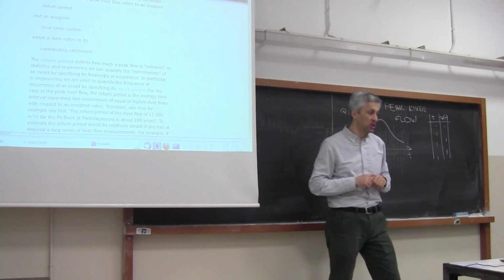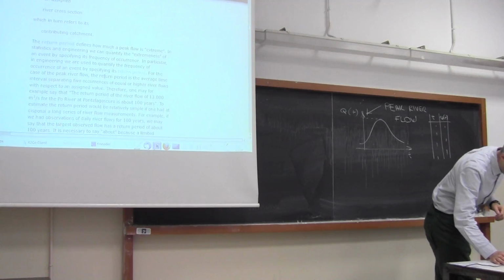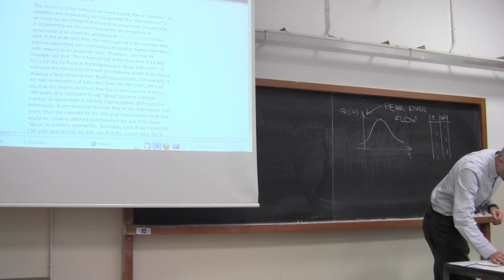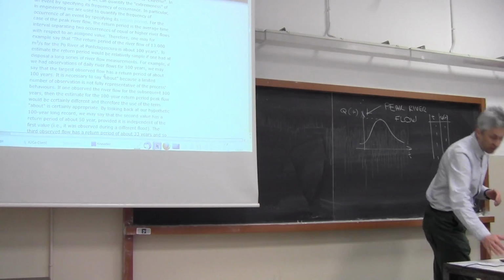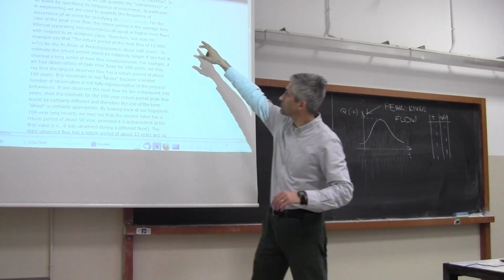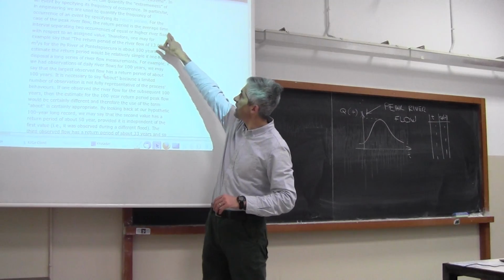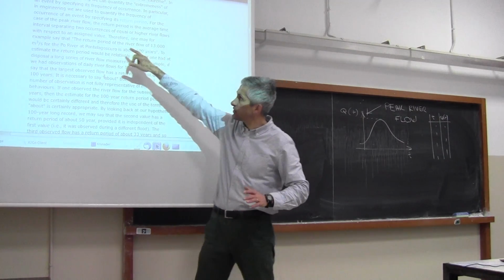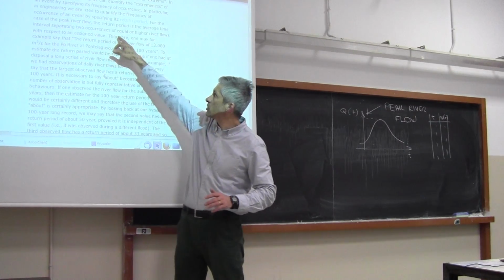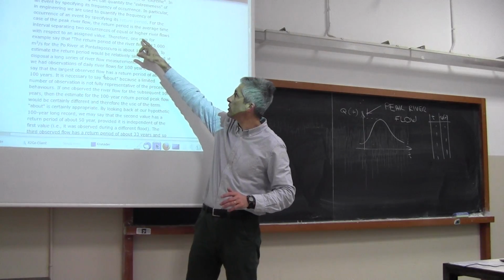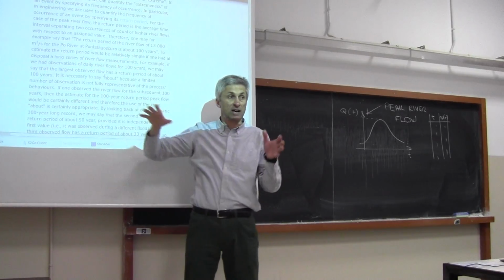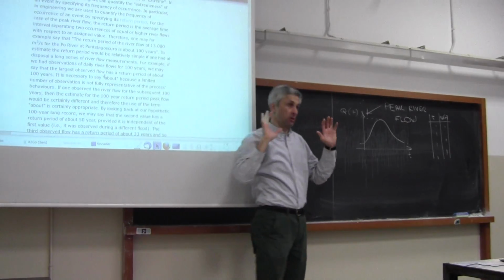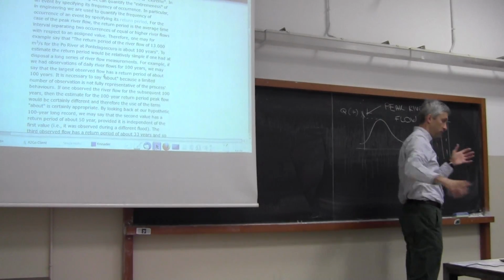So what is the definition of a return period? It's written here. The return period for the case of the peak river flow is the average time interval separating two occurrences of equal or higher river flow with respect to an assigned value. Let me make an example, which is written there.